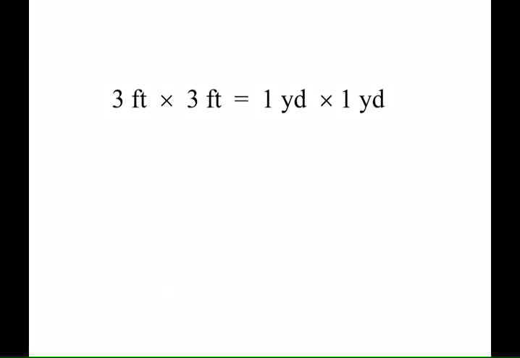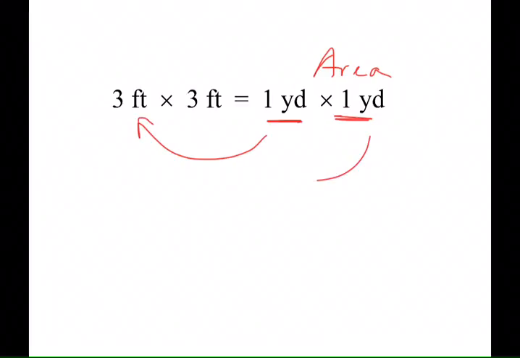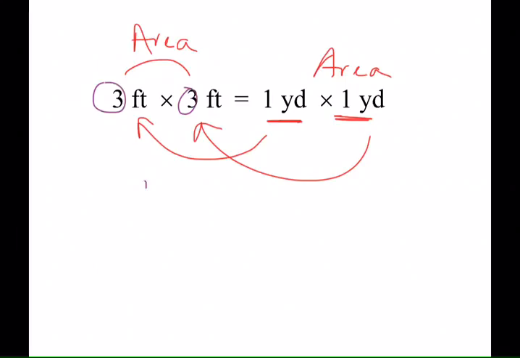So one way, and this isn't necessarily the factor label method, but does this make sense? We had 1 yard times 1 yard to get area. Well, 1 yard is 3 feet, so we could take 3 feet times 3 feet to get the same area. And what is 3 times 3? Of course, that's 9. And what is feet times feet?